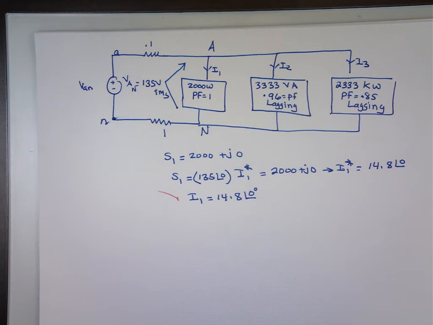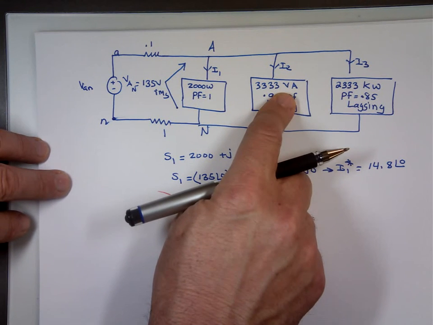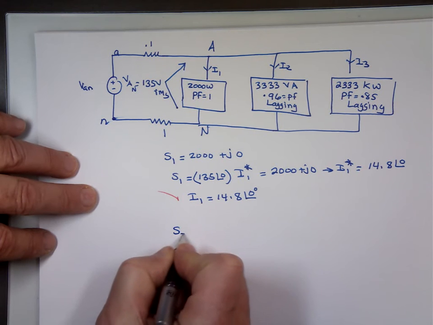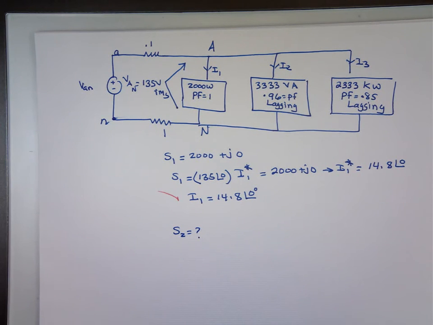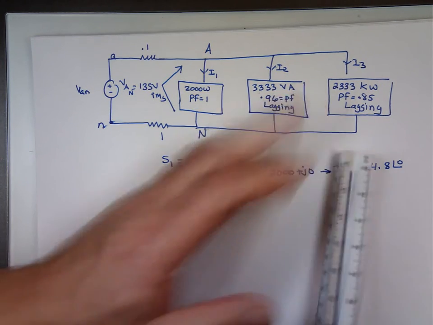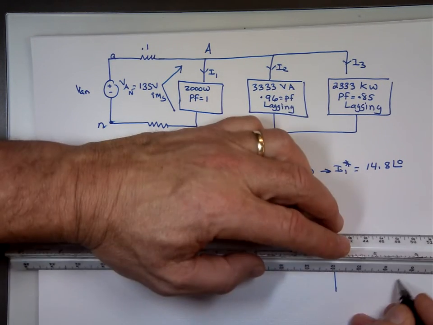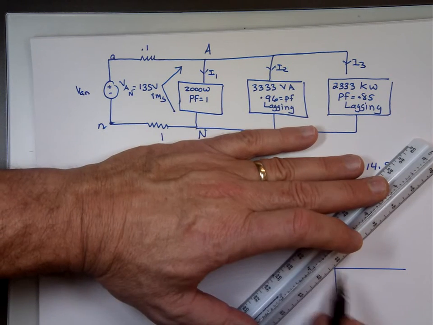Now, let's find I sub 2. What we know here is the complex power. So let's look at source 2. Again, if I draw a picture of it, what I have is the complex power. It says VA; VA are the units for the complex power. I know it's lagging, so the angle is positive.